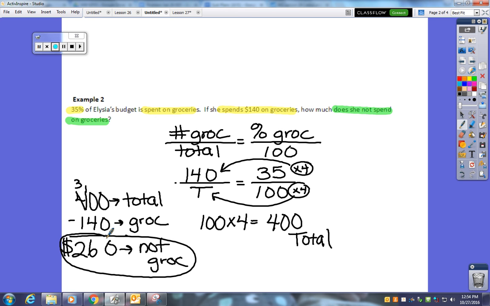In this problem, we waited to subtract until the end of the problem, since our percent and our number in the problem matched. Let's look at another example.